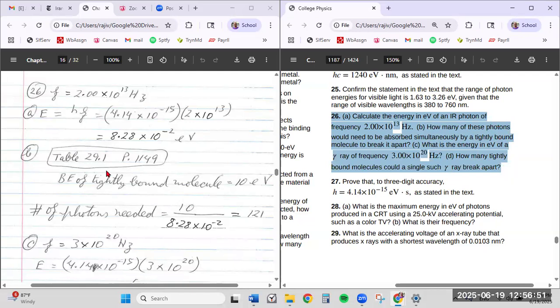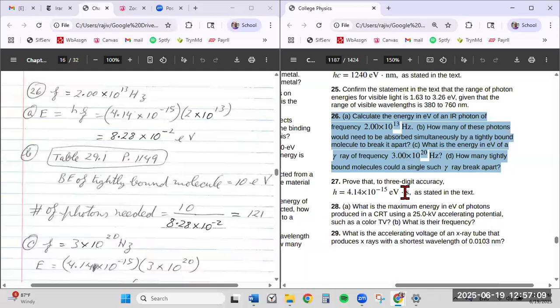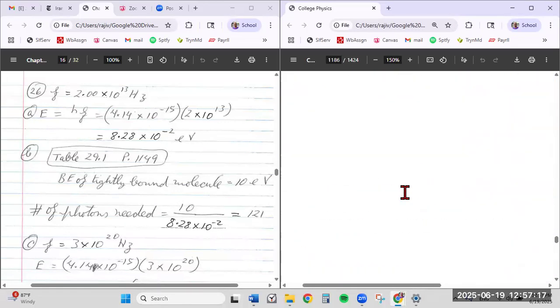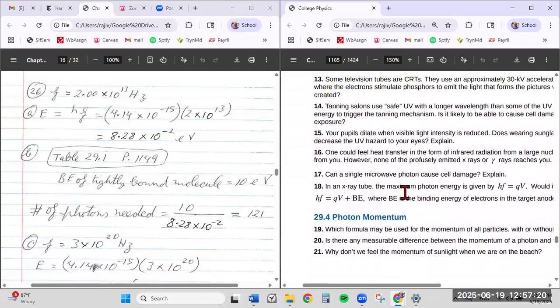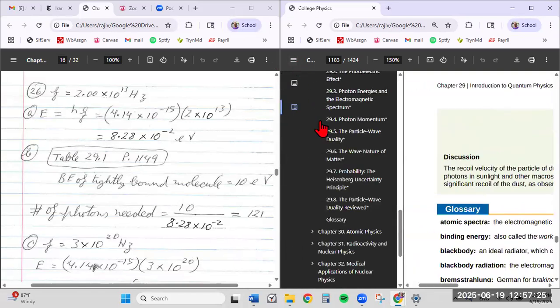Okay, in part B, how many of these photons would need to be absorbed simultaneously by a tightly bound molecule to break it apart? So if you look at table 29.1 in the book, that gives you the different values that you need.